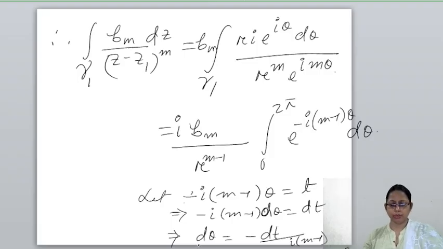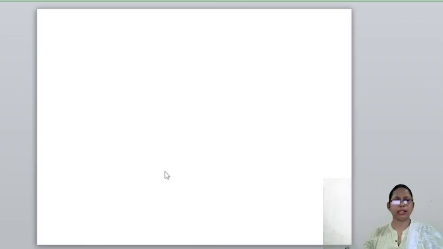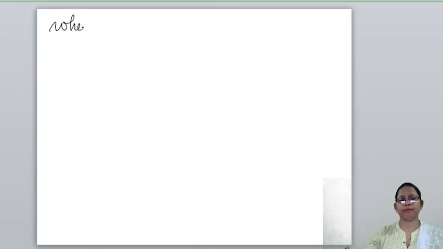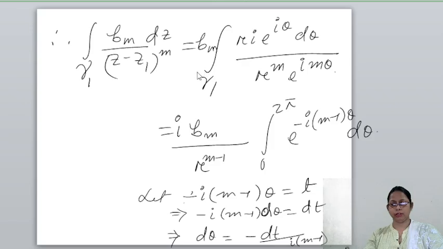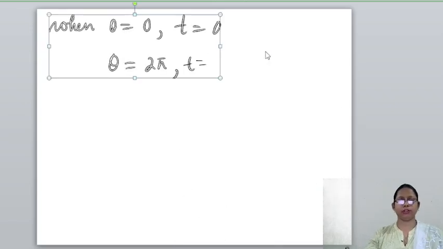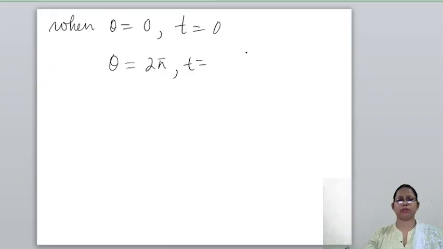When theta is 0, t is equal to 0. When theta is equal to 2 pi, t is equal to minus 2 pi i (m minus 1).